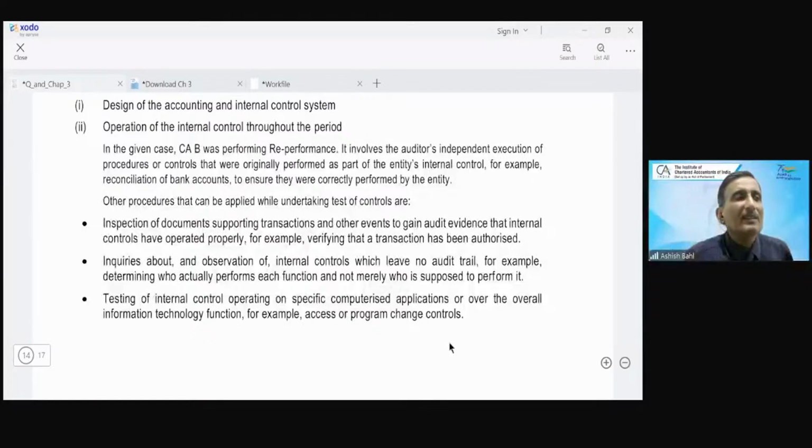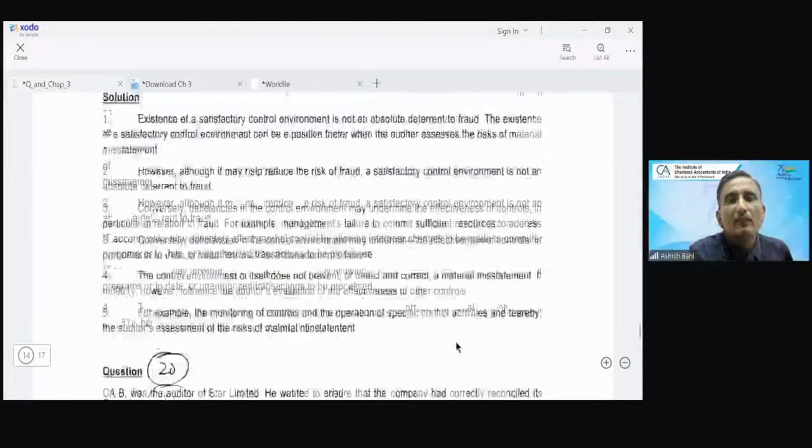So obviously it is leading to control risk. Inquiry, inspection, reperformance, these are all audit procedures which can be used by the auditor while performing tests of controls.